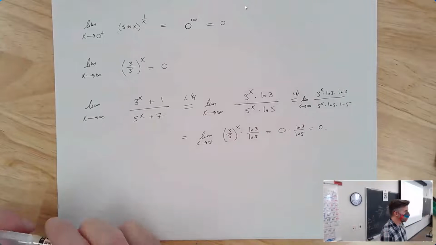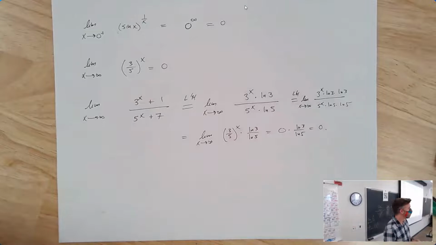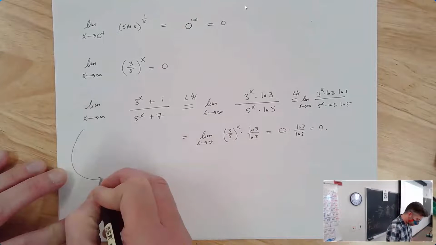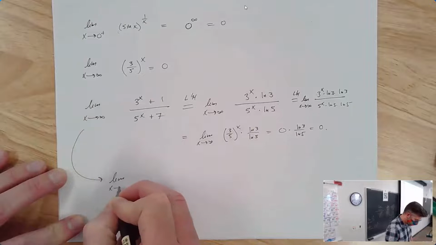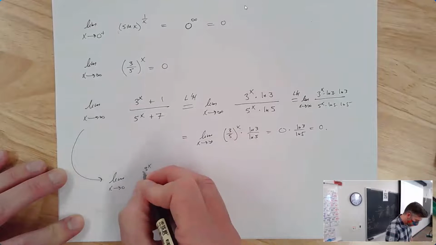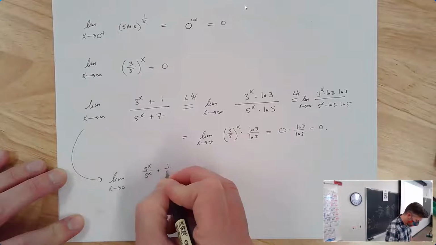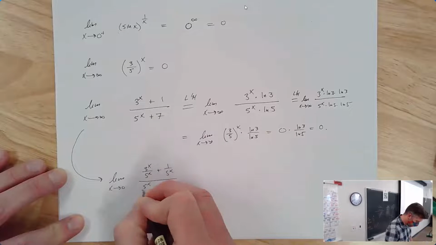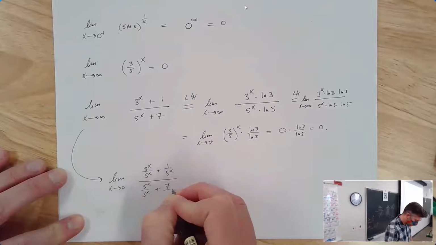Another way you could have attacked this problem would have been to divide everything by 5 to the x in the first place. You could have said that's the limit as x goes to infinity of 3 to the x over 5 to the x plus 1 over 5 to the x plus 7 over 5 to the x.